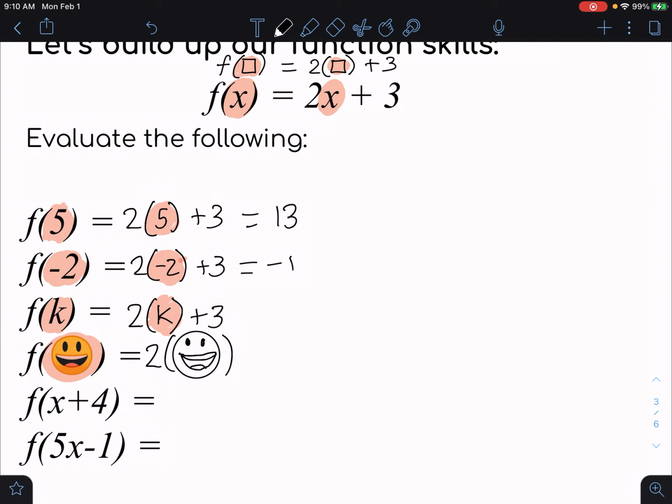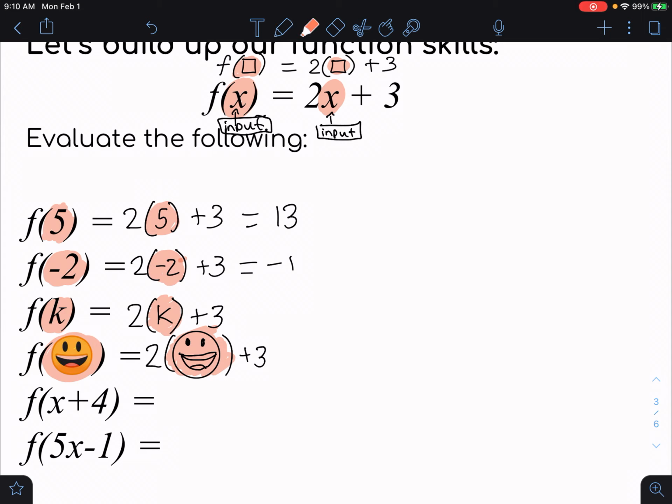Yeah, it's not bad. 2 times the happy face plus 3, right? Now I know it makes no sense, we're not going to ever do that in a math problem, plugging in a happy face, but that's the idea. Whatever is in that parentheses is what is being inputted into the function. And remember, this is the input. Whatever it is, you're doing 2 times the input plus 3.